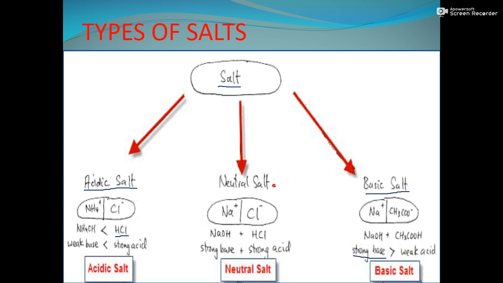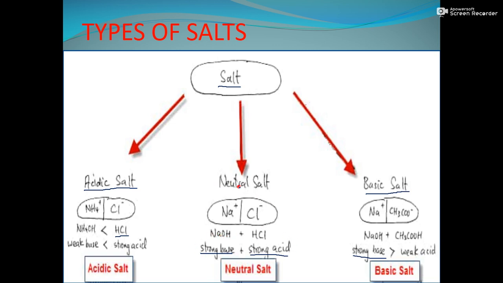And in the case of neutral salt, neutral means ना ही तो acid का effect और ना ही base का effect. So it may be with the strong base and strong acid, and also it may be with the weak base and weak acid, but basically we call it neutral salt with the strong base and strong acid.